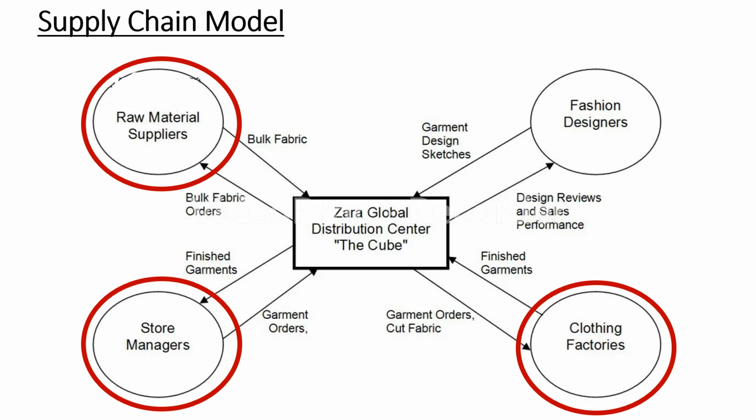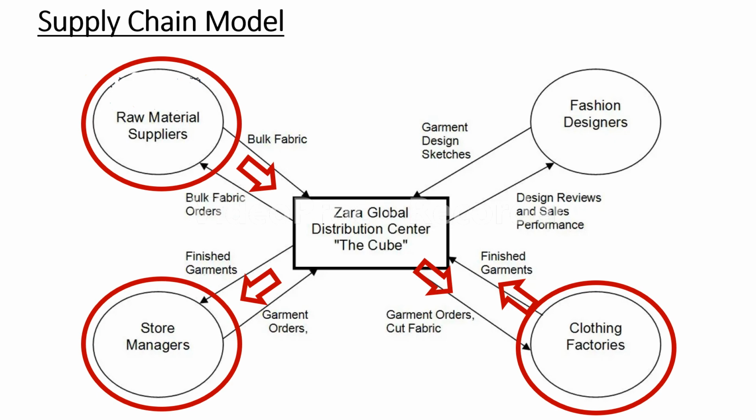The high level process is that the raw materials will be brought into the Cube, and from the Cube the cut fabrics will be sent to the clothing factories. Once production is done, the finished garments will be brought back into the Cube, and from the Cube only these will be sent to the stores where the end customer can reach them. That is the entire process that I'll be focusing on for the transport optimization through supply chain management.